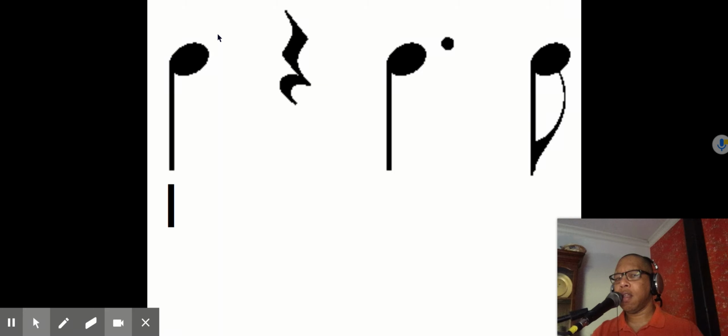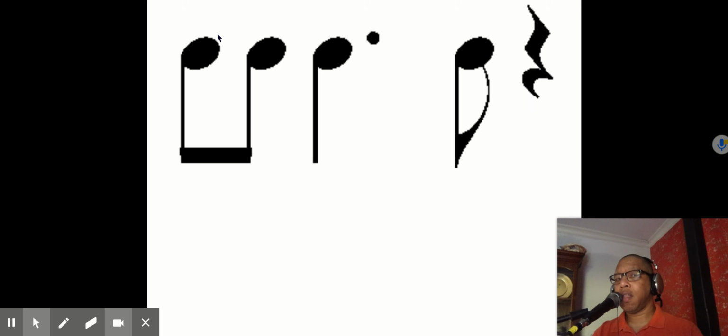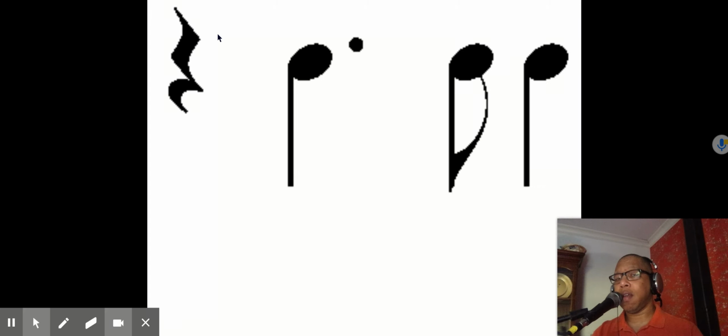Right here, the dotted quarter is on three. That means that dot's on four. And look, that's the end of four. Right here, the dotted quarter is on two. That means the dot's on three. The dot's always the downbeat of the next beat. Right here starts on two. So the dot's going to be on three. So that's the end of three.